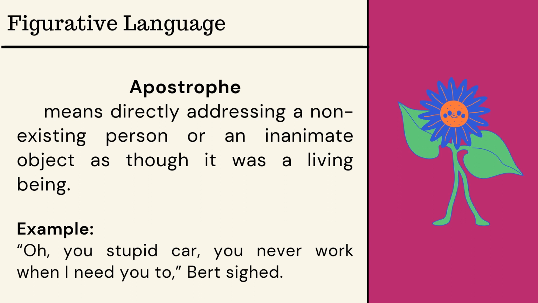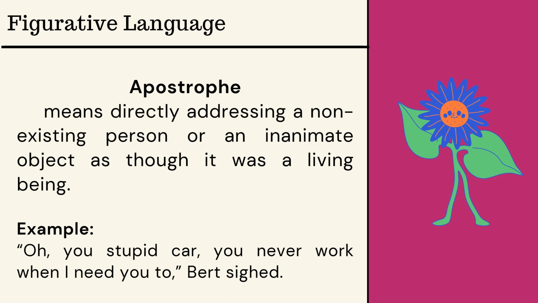So apostrophe is like talking to something that has no life. It could be an object, or even an animal, or talking to something or someone who does not have the ability to reply or to answer back.